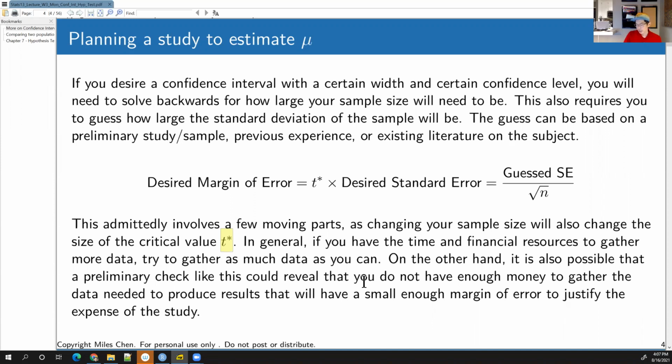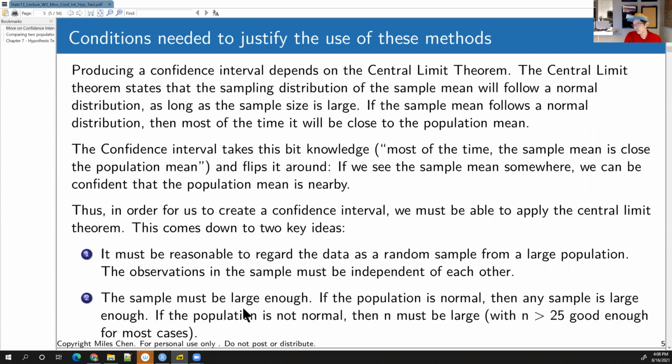And they might come back and say, well, no, that's too much. But a smaller scale study just might not be useful, because it could just end up with a margin of error that's too big. Okay.